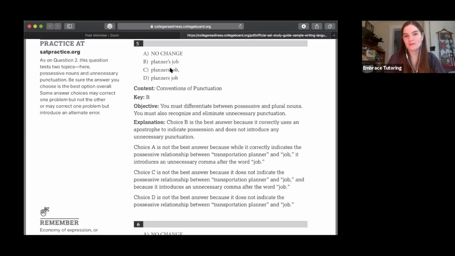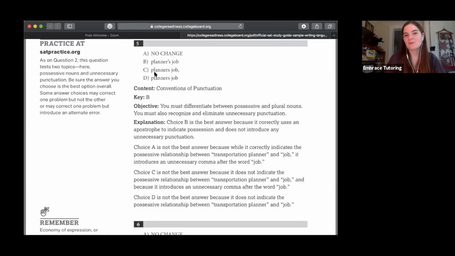Okay, versus this S in C and D, which is showing pluralization, really. So it's showing that we have more than one thing for this noun, whereas here planner's job, planner is describing our job, whereas in the other choices we're not really sure how this is being used.